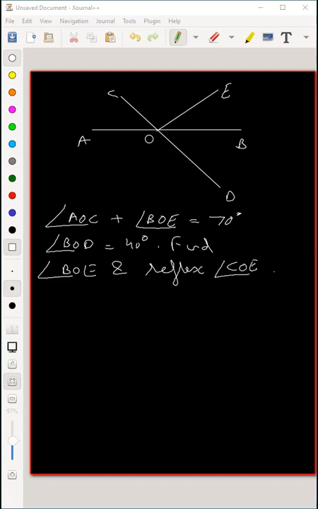Read the question carefully. You know what a reflex angle is, right? So you have to find the reflex of that. You've given me COE.